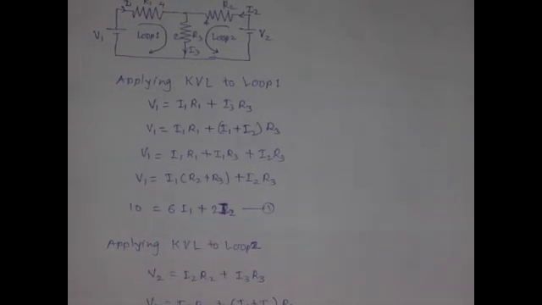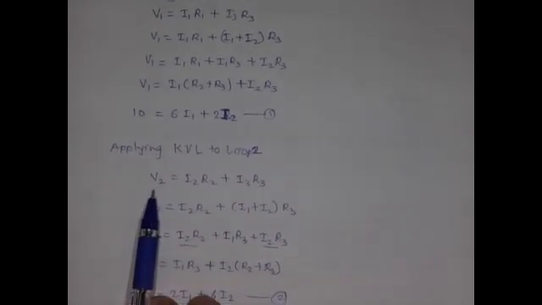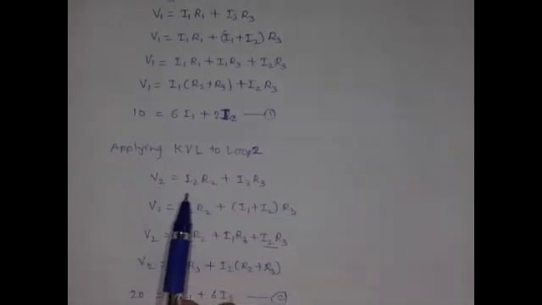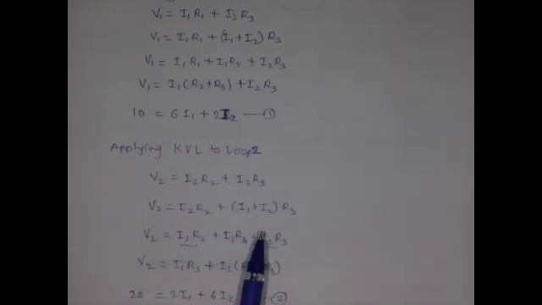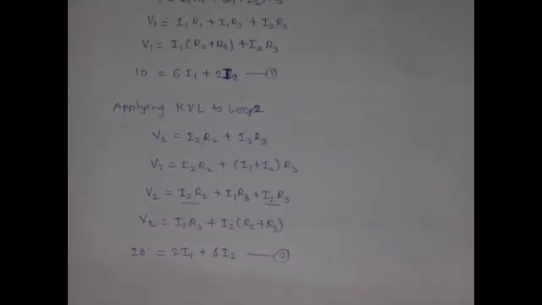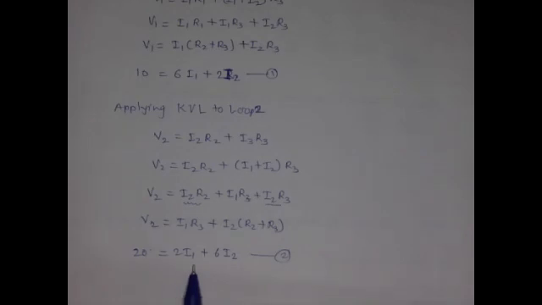That is the first equation. Now for the second loop, we apply the same formula, V2 equals I2 R2 plus I3 R3, where I3 is I1 plus I2. Again by simplifying, we get another equation, that is 20 equals 2I1 plus 6I2.